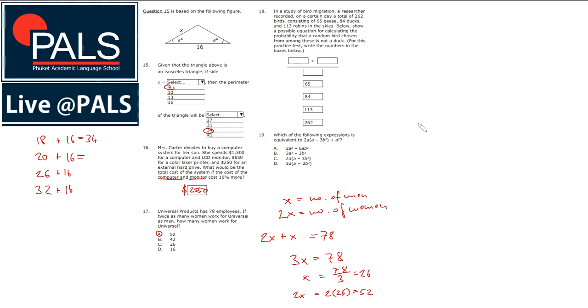In a study of bird migration, a researcher recorded on a certain day a total of 262 birds, consisting of 65 geese, 84 ducks, and 113 robins.